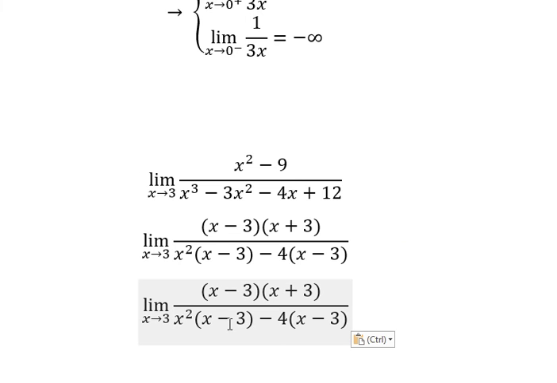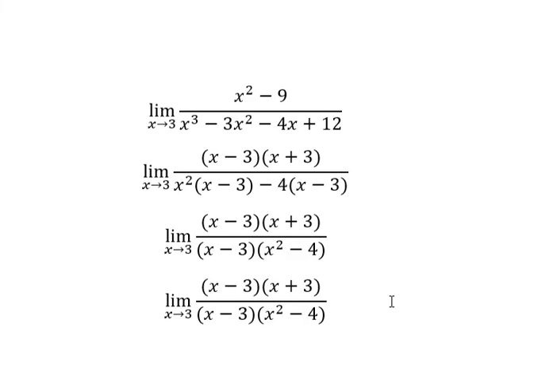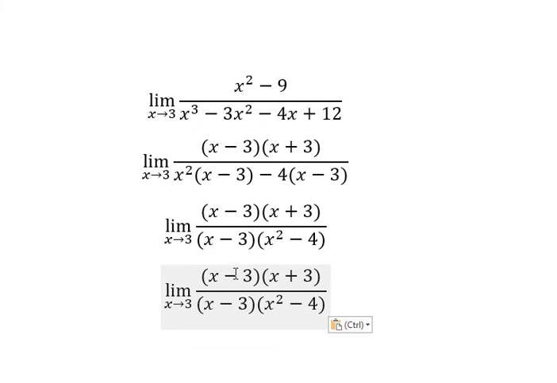So x minus 3, we can do factorization again. So we simplify x minus 3 on numerator and denominator.